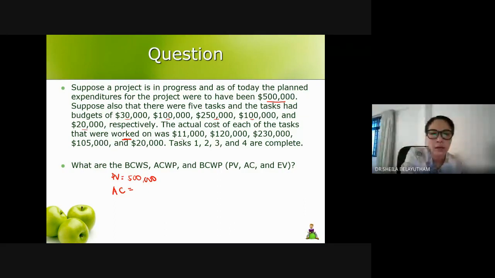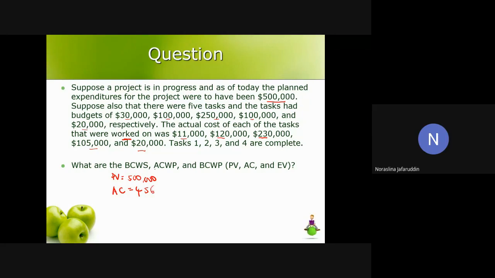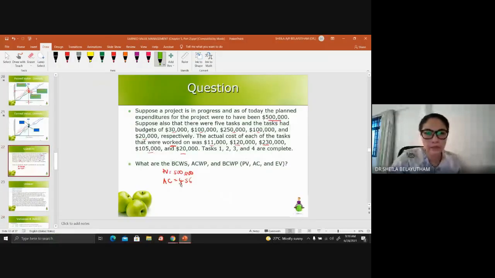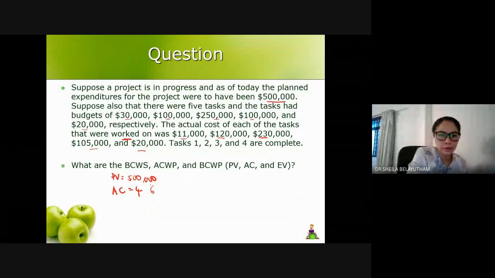So it should be 11,000 plus 120,000 plus 230 plus 105 plus 20, and that will give you 486.